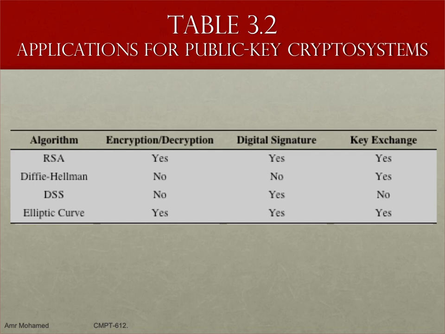The Digital Signature Standard is obviously used for authentication. We'll talk about DSS as a standard too. The only one that we will not cover in this course is elliptic curve. But again, elliptic curve is similar to RSA. It is one of the techniques that can be used for general purpose public key cryptography.